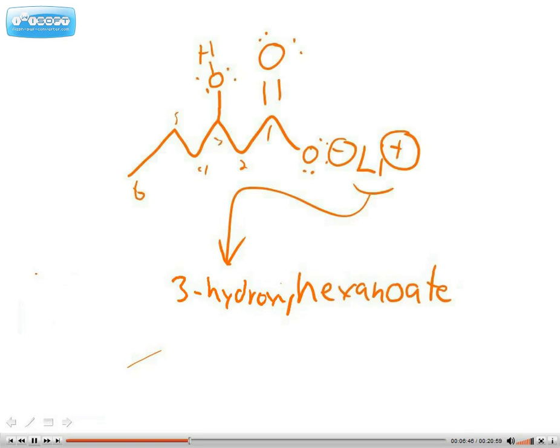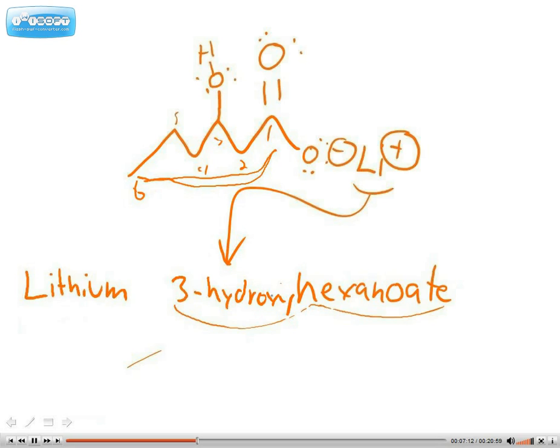Make sure there's no space here, and then make sure we write our lithium. So lithium space 3-hydroxyhexanoate. Notice any prefixes on the parent right up here that I just underlined need to be directly attached. Notice we still maintained our space right between the metal and nonmetal.